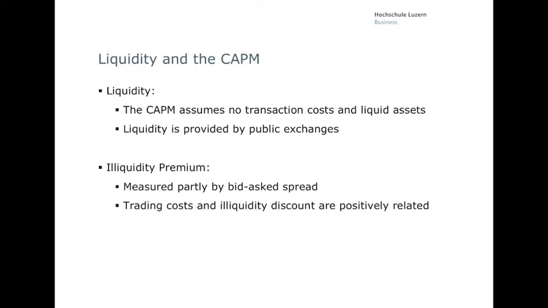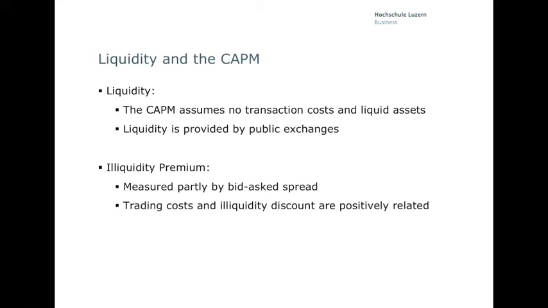Liquidity and the CAPM. One of the CAPM assumptions is no transaction costs and liquid assets trading on public exchanges. Liquidity, or the lack of it, has long been recognized as an important characteristic that affects asset values. An important component of trading cost is the bid-ask spread.